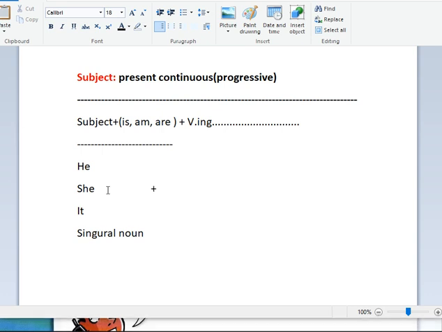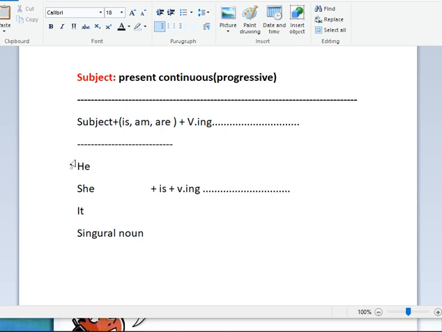If we have these subjects, we will add is, then we will add our verb with ing. You are never allowed to say he are, she are, or it are. You just have to say she is, he is, it is, or singular noun is.